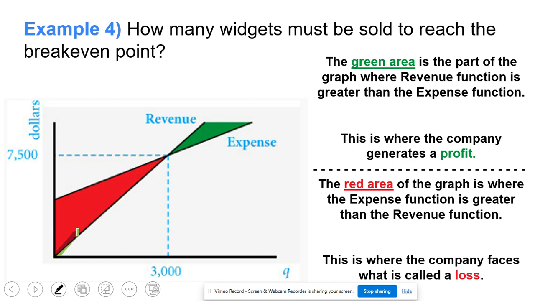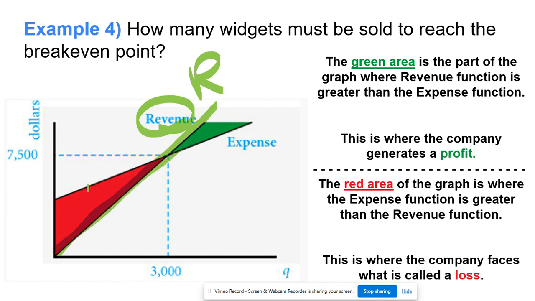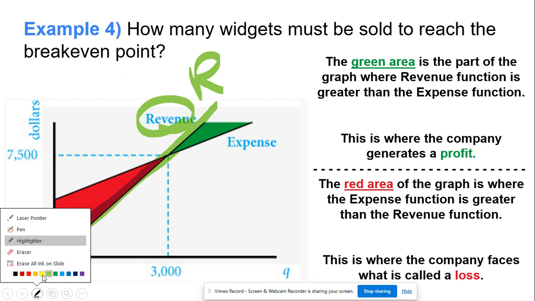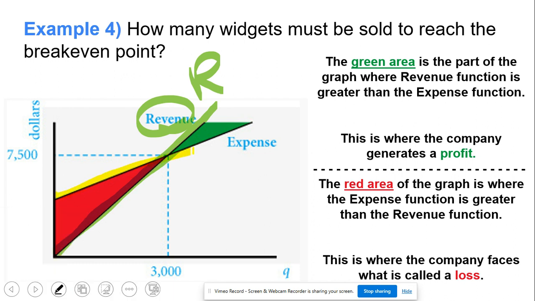That guy's the revenue function. To start, it is below the expenses. We can see that the green little part is literally below the yellow line. The yellow line is above, it's above, it's above, and then finally they're equal to each other right here. Then the green function is above from our break-even point on out. They're equal right here. And then as we move to the right, the revenue is on top. It's literally above. That means that we're making more revenue than expenses.